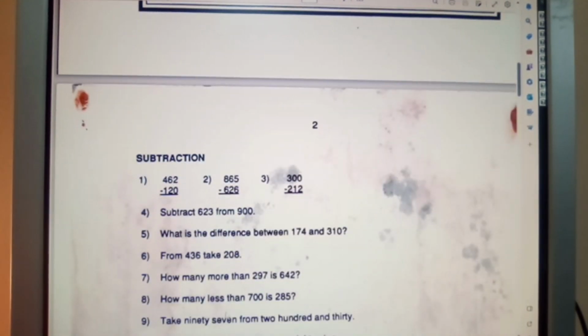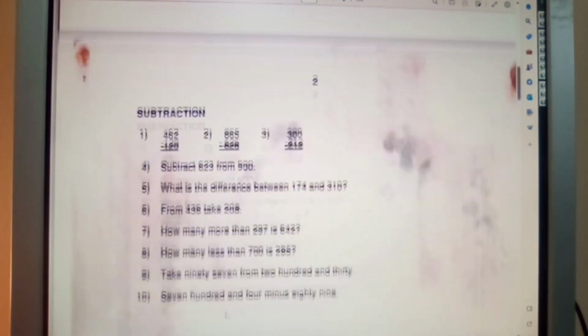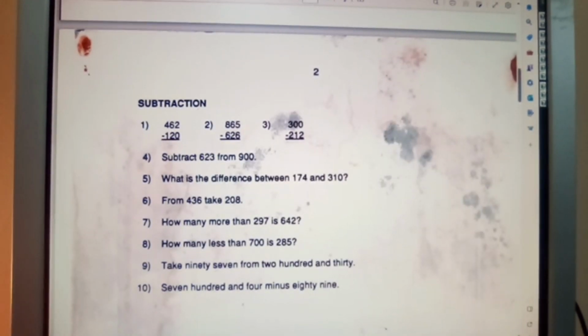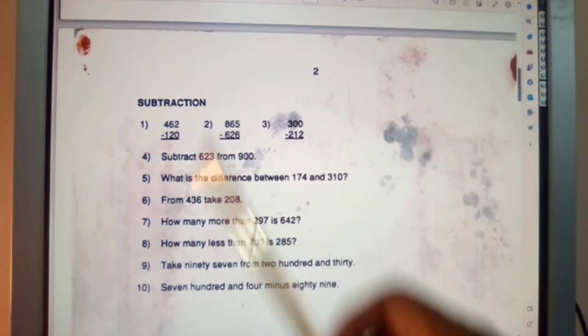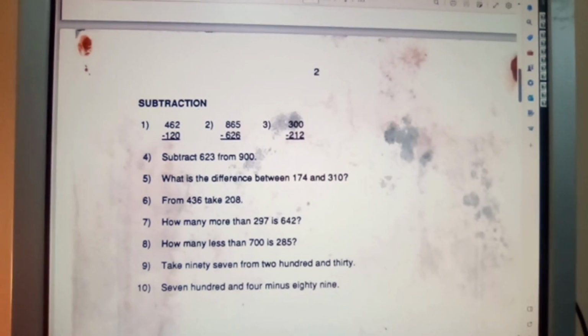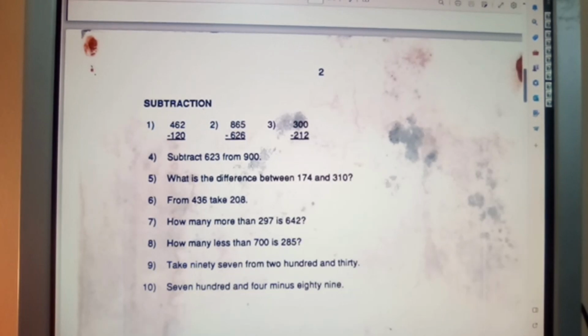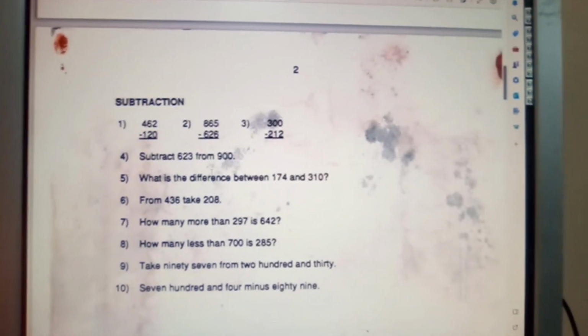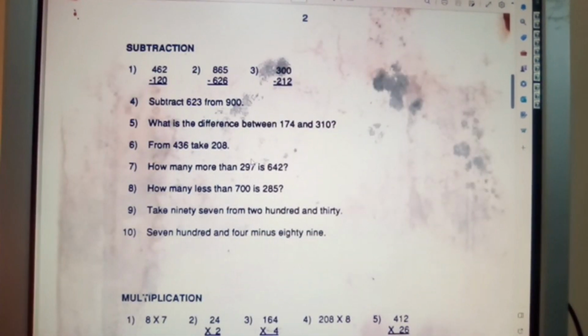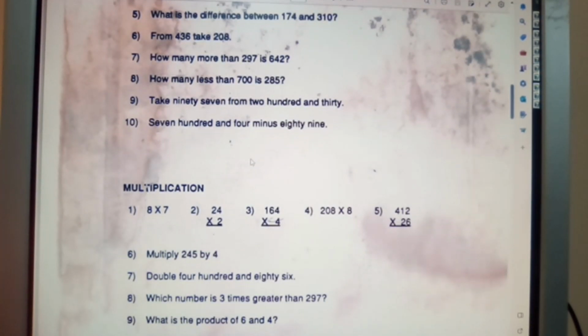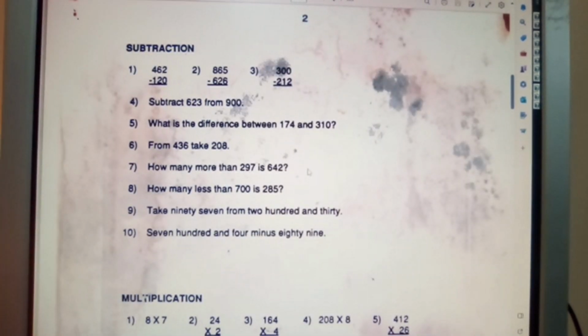Right, what we're going to look at today is subtraction, okay? And how do we do this? Now let me just see if they've given me a solution. Not yet, not quite.